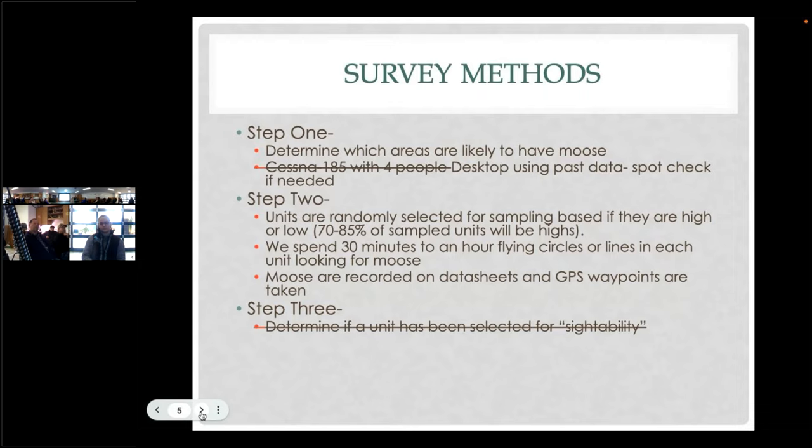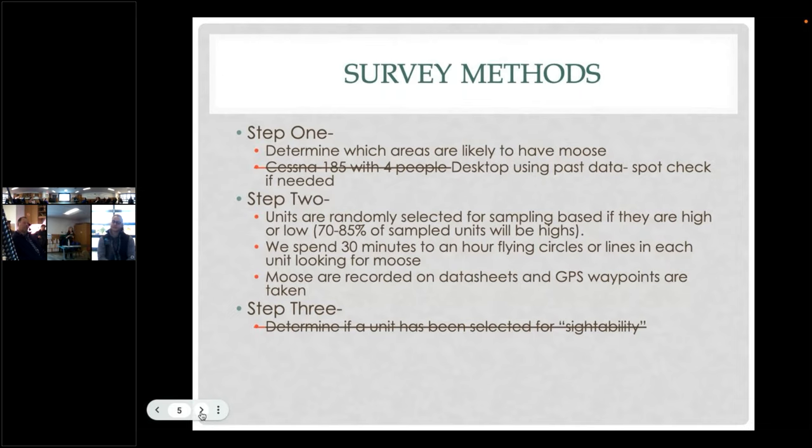This year, I eliminated this step, even though I really believe in sightability correction, because we never see all the moose that are there, and I don't care what my column says. We never see all the moose that are there. That's a joke. And so I took the median sightability correction factor from the last 5 surveys.